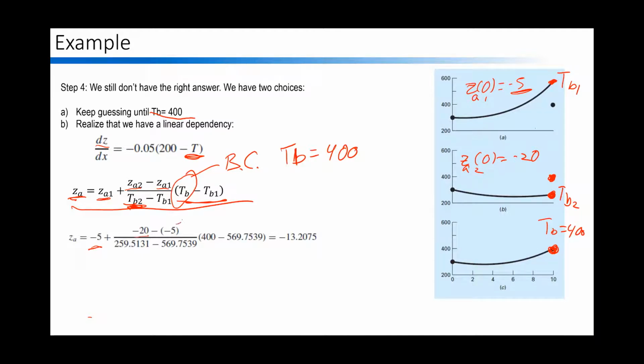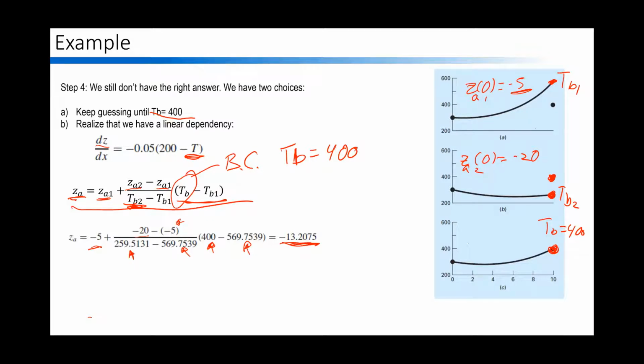I plug in my TB2, my TB1, we have 400, and then we have that 569, which was TB1. And this will tell us that the ZA that we need to use should be -13.2. Okay, so this is going to give us exactly the right answer.